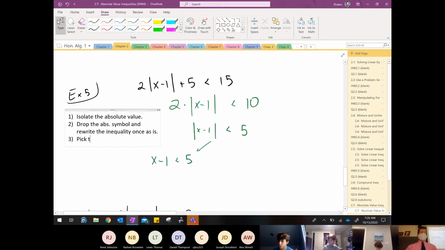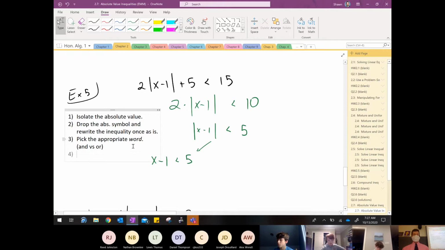I'm going to pick the appropriate word. What do I mean by word? And versus or. So and versus or is what I mean there. So you tell me.